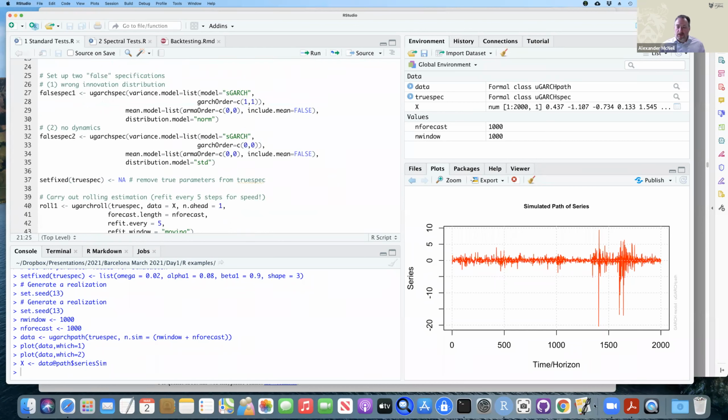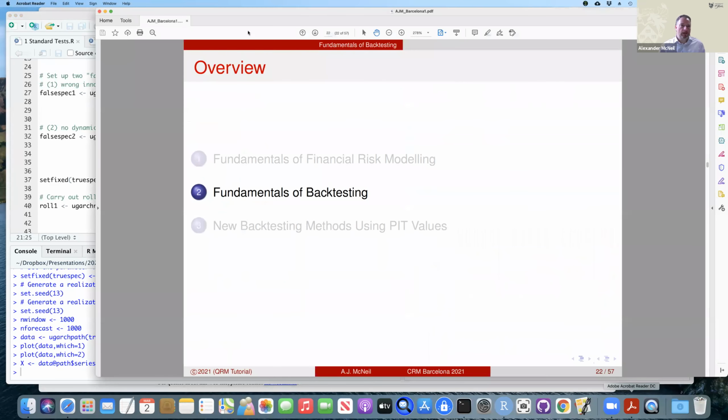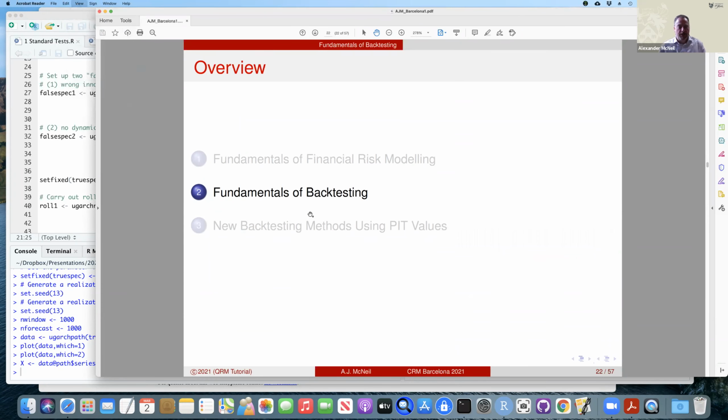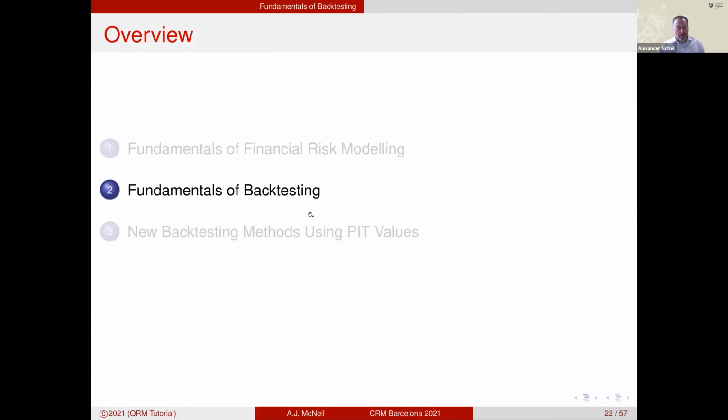So that at least gets us started with R. And at this point, I'm going to go back to the theory, and I'll put this back into full screen, and we'll go into chapter 2. And then later on, we'll return to the R and look at how the methods work. We'll return for chapter 2 and for chapter 3.